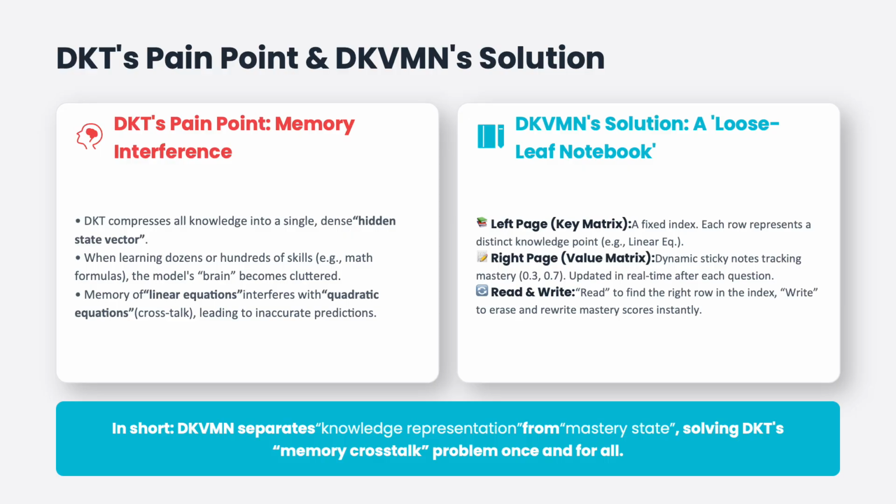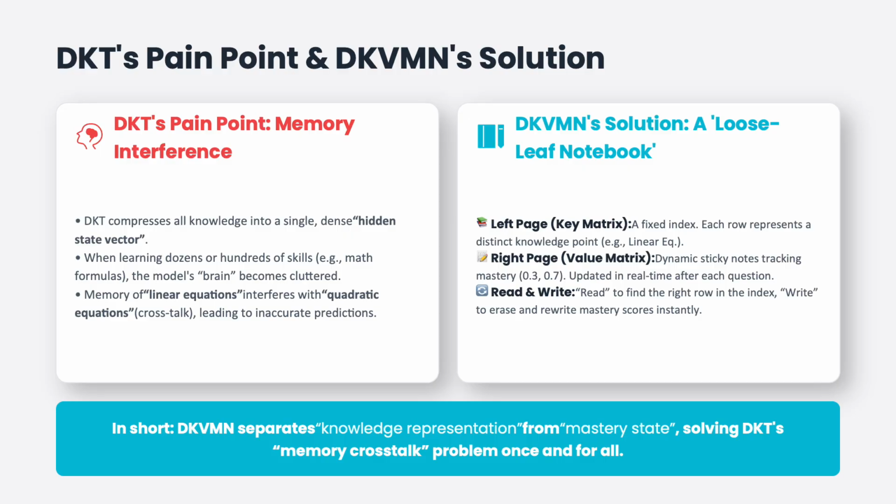So how does DKVMN solve this? It's very clever. It designed a loose-leaf notebook for the model. This notebook has 2 pages. The left key matrix is the table of contents, listing the names of each knowledge point, like the Pythagorean theorem or past tense. The right value matrix is the specific content, recording your mastery level of each knowledge point.